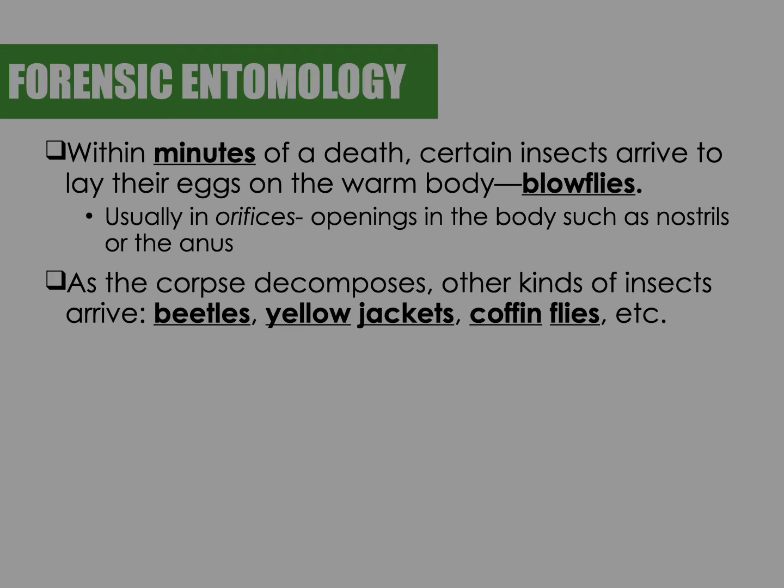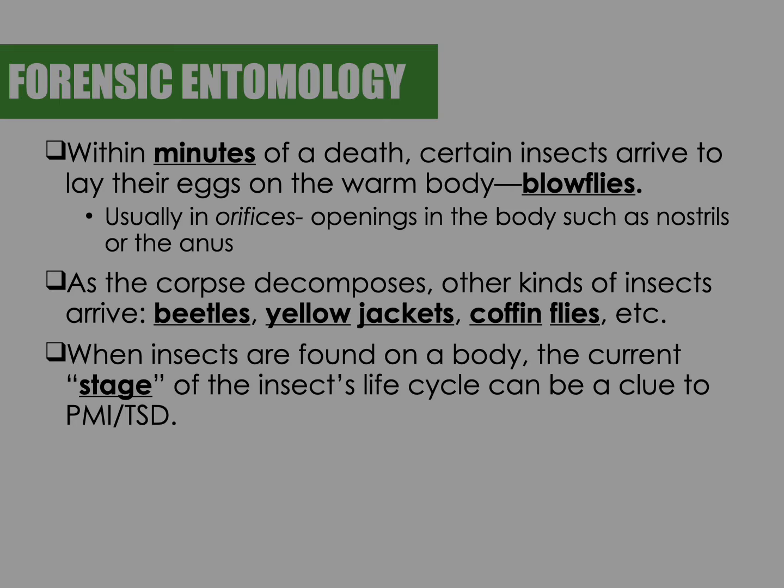And when insects are found on a body, whatever stage of an insect's life cycle the insect is in can help to be a clue as to that post-mortem interval or time since death. So whatever stage of life the bug is, however long that insect has been living on the body, tells us more about how long the body has actually been there, or gives us a clue as to how long the body has been dead.